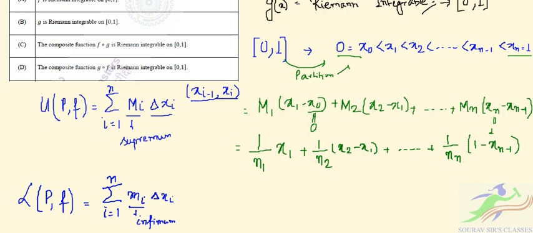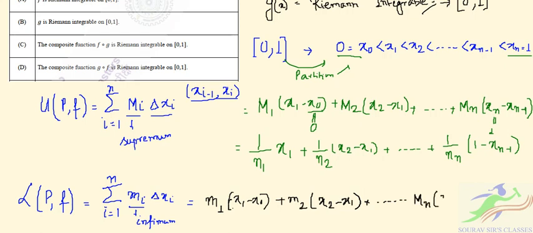So similarly we can write this summation as m_0 (x_1 minus x_0) plus, I'll just take it from m_1, m_2 (x_2 minus x_1), up to, so here we will consider m_n into (x_n minus x_(n-1)), right.